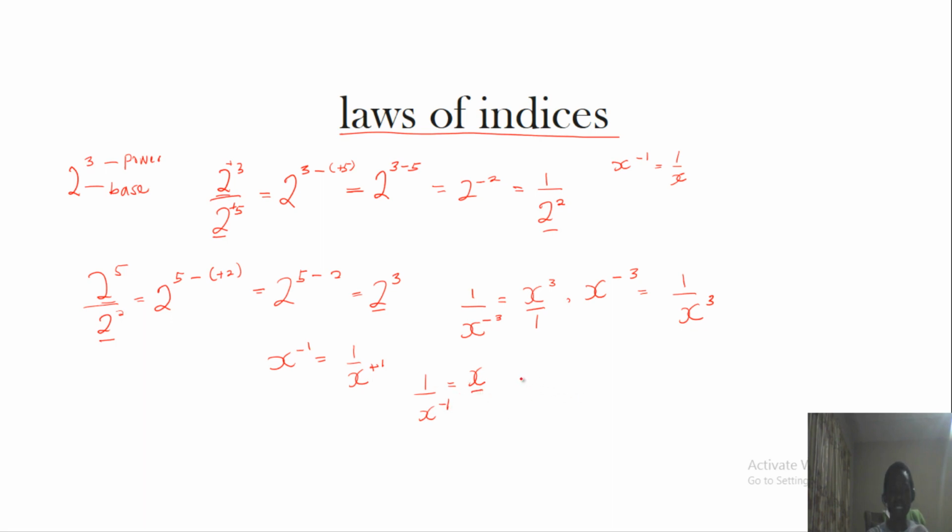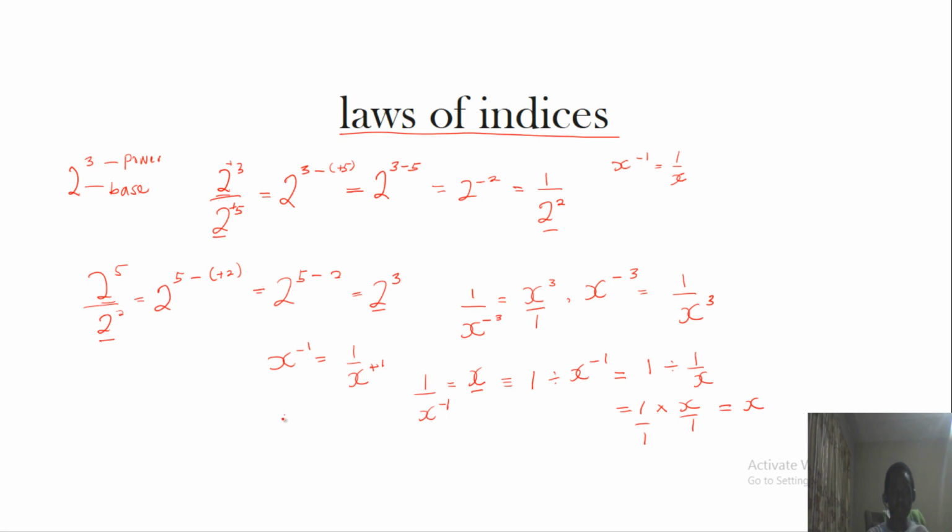Basically, this means you have 1 divided by x raised to the power minus 1, and we know this is 1 divided by 1 over x. Changing the sign, x will go up while 1 comes down over 1. Basically, that will give you x.